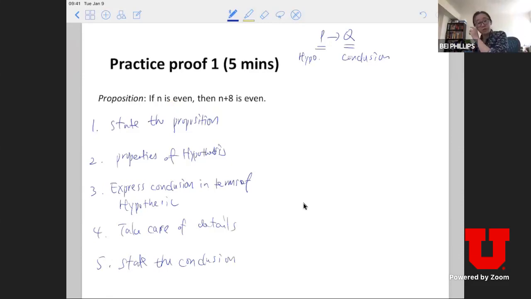So we're going to try to do that with this problem. Do I have a volunteer for the first step? If I were going to state this thing, what is my more mathematical notation?